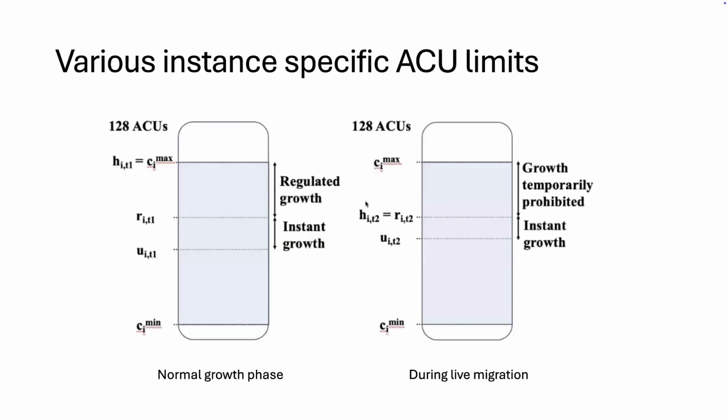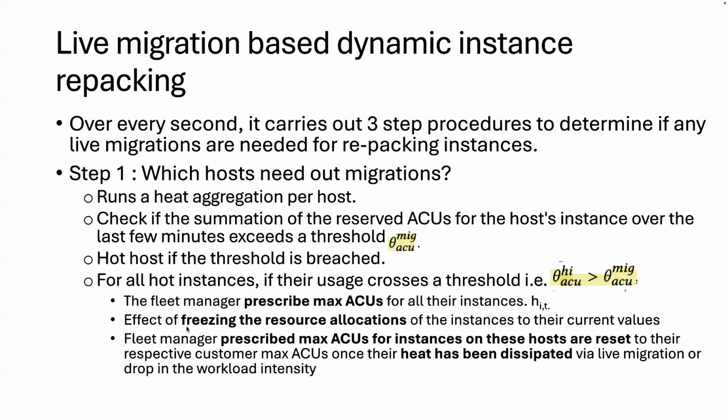Generally HIT is equal to CI max, which is provided by the customer, but during the live migration phase we do this. This has the effect of freezing the resource allocation of the instances at their current value.